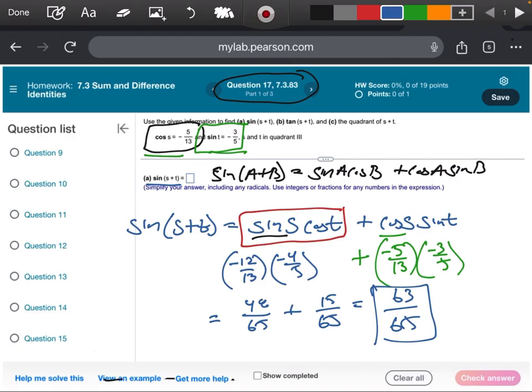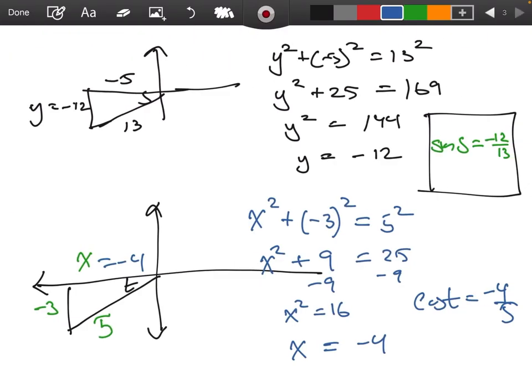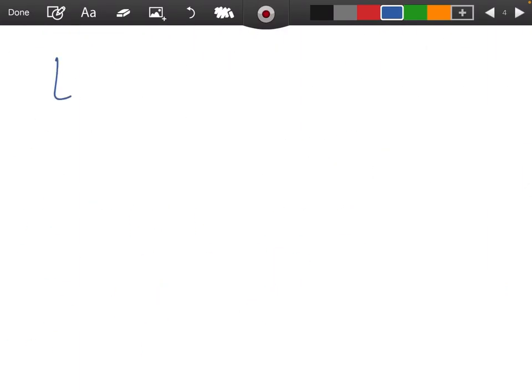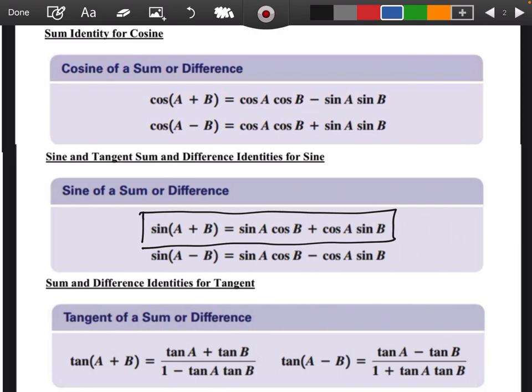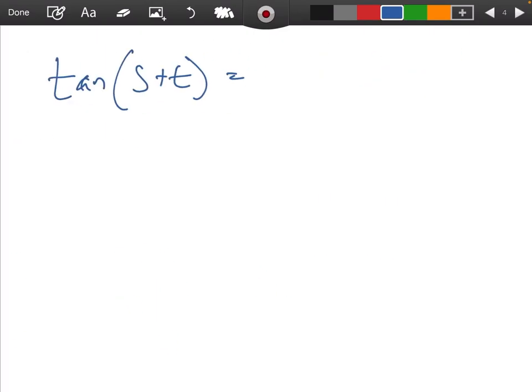Now I'm going to do part B. What is the tangent of s plus t equal to? So look, tangent of s plus t. I'm going to come back to my formula sheet, tangent right here. Tangent of a plus b is tangent a plus tangent b, over 1 minus tangent a tangent b.